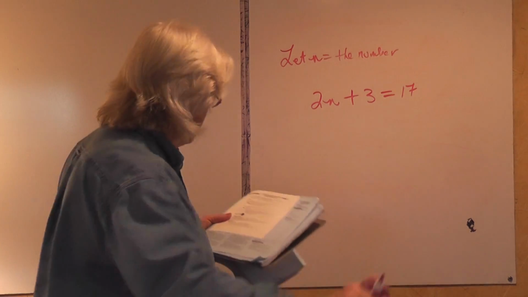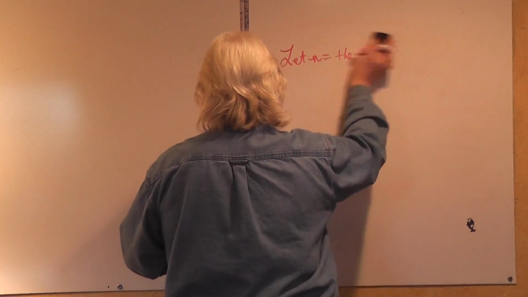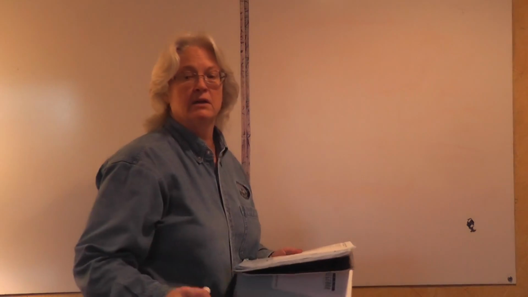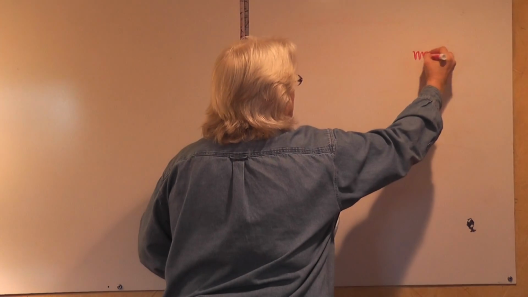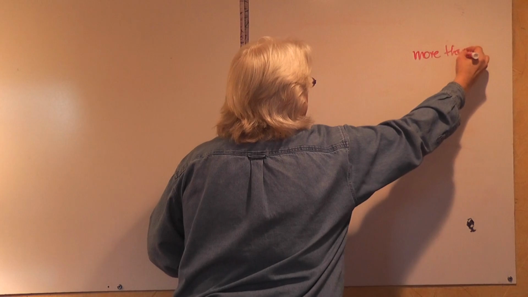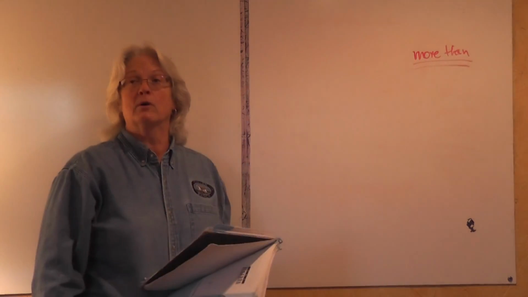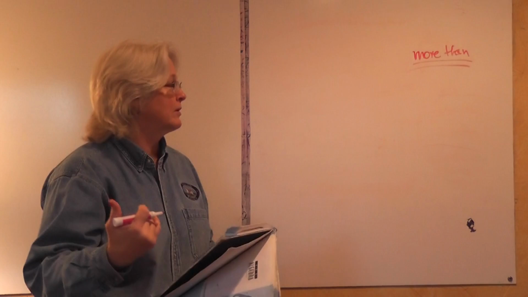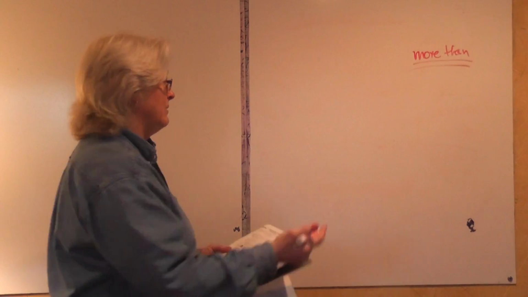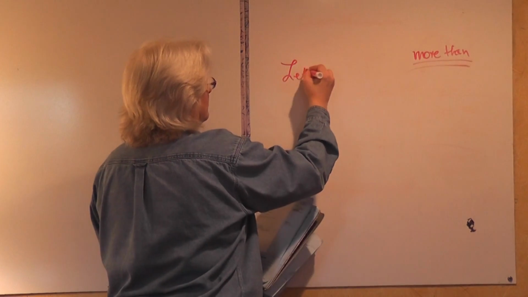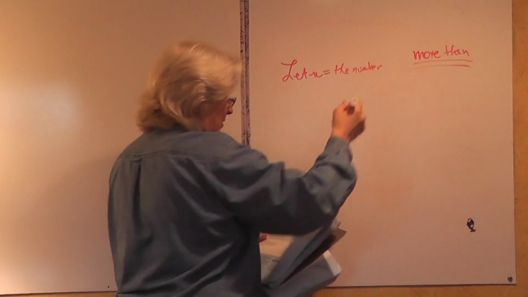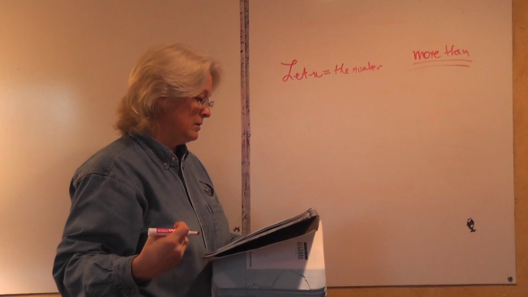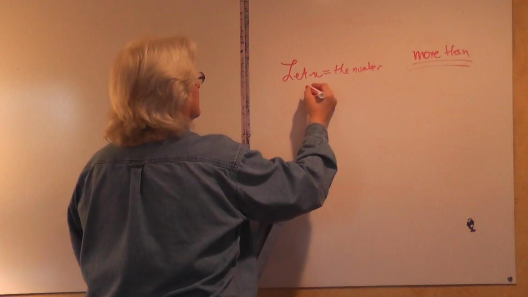Problem number 3 says 25 more than 7 times a number is 46. So I have more than. I'm going to write this problem in reverse. As I read it, I'll write it in reverse. Let's have n be the number. What quantity are we talking about in here? 7 times the number.